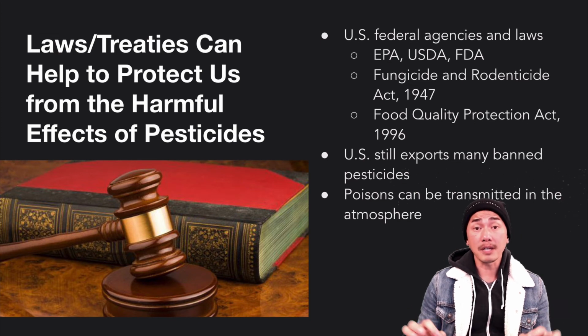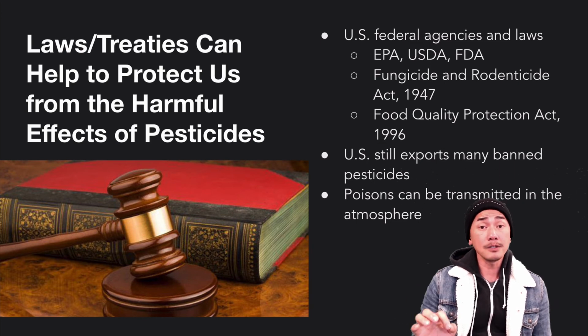Organizations, laws, and treaties can help protect us from the harmful effects of pesticides. In the United States, we have the EPA, or Environmental Protection Agency, USDA, or United States Department of Agriculture, and the FDA, or the Food and Drug Administration.